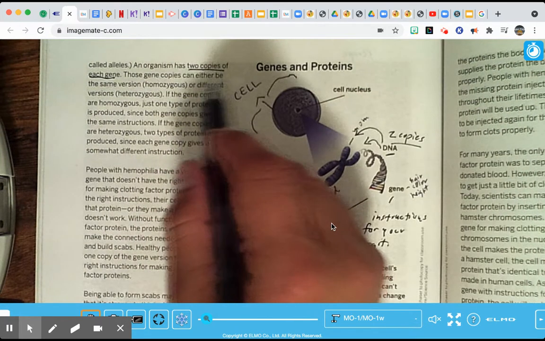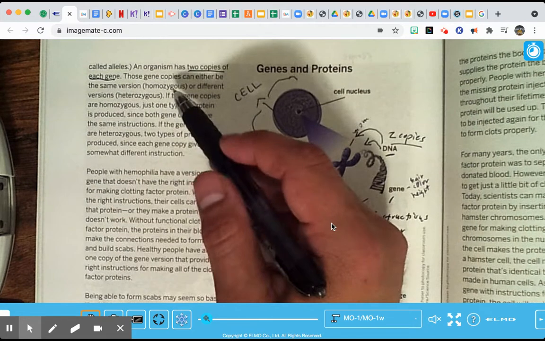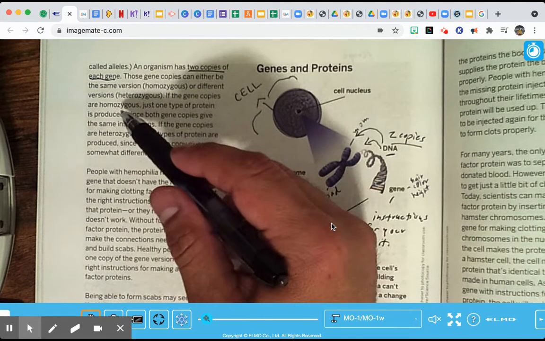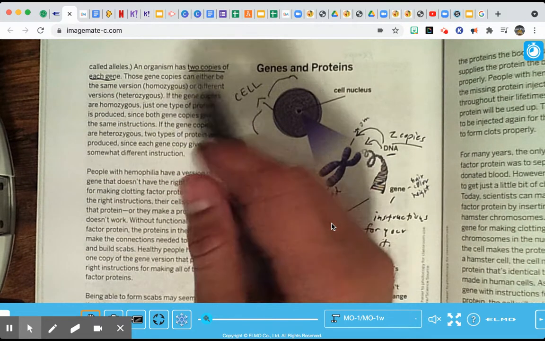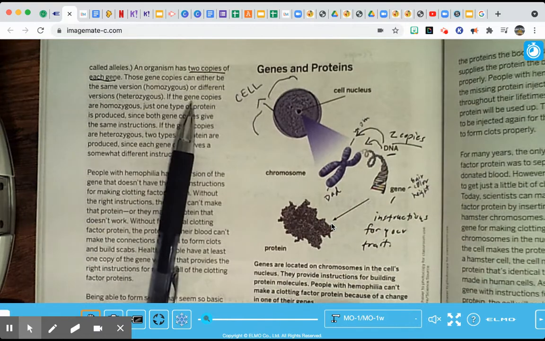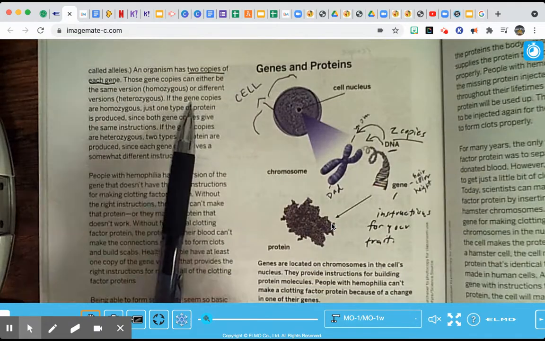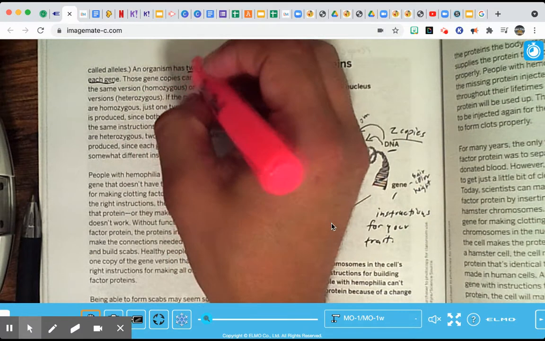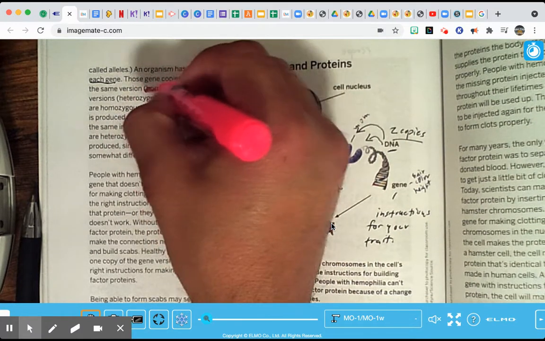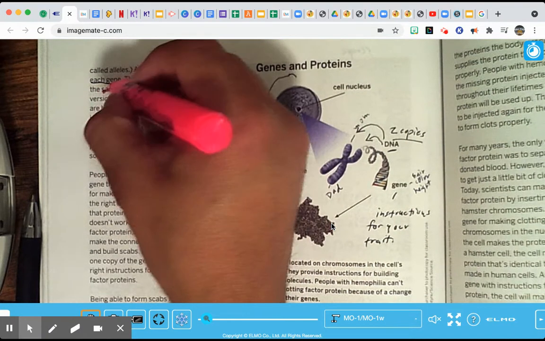These gene copies can either be the same version, homozygous, or a different version, heterozygous. We haven't seen those words, so let's highlight. Homozygous, same.